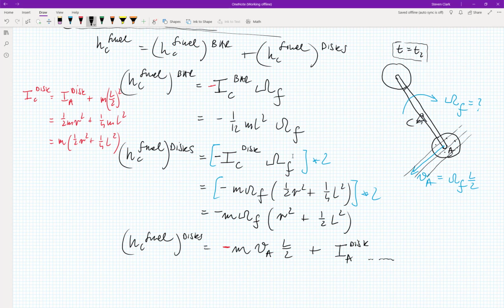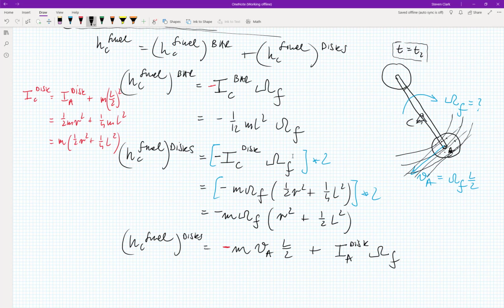So our disk does not only translate. That point, for example, experiences such a trajectory. That point experiences such a trajectory. The point that is further from C experiences such a trajectory. That means that our body is indeed rotating with omega final. Believe me or not, but omega of our disk is actually omega final.